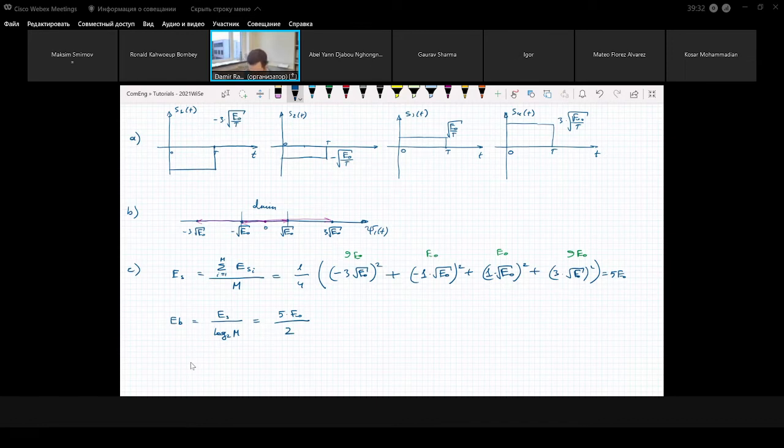This is our mean energy per bit in terms of E0. But we might want to replace E0 everywhere in the original schemes and figures, and then instead of E0 we use 2 times EB divided by 5. This is how we represent E0 in terms of average energy per bit.